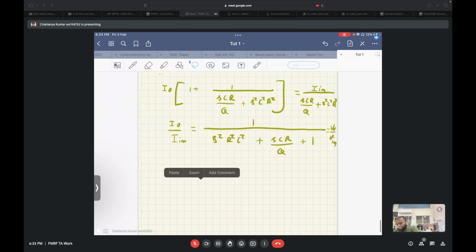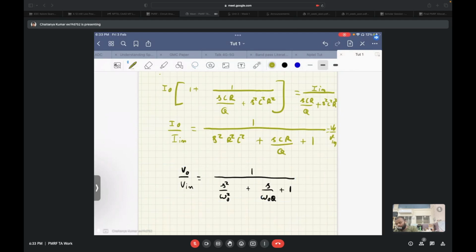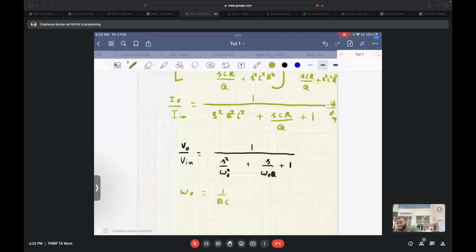If we keep the transfer functions side by side, we can see that we have omega naught equal to 1 by RC, and we get the same transfer function as we mentioned before. So let's call this 1 by D of S.